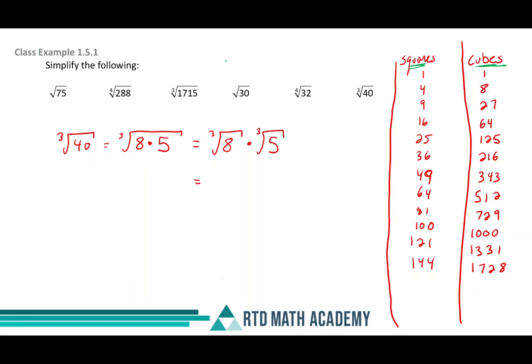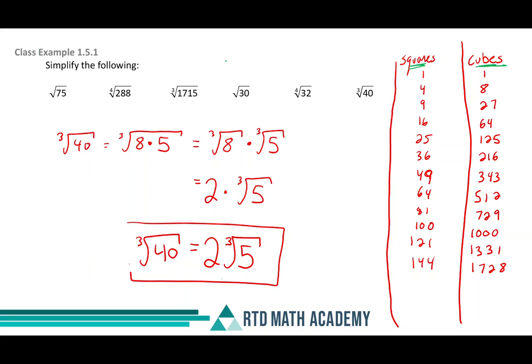I know the cube root of 8 is the second cube root. And I can multiply that by the cube root of 5. And again, let's just be very careful that we overemphasize the coefficient, the index, and then the root itself. So we can say the cube root of 40 is equal to 2 cube root of 5.